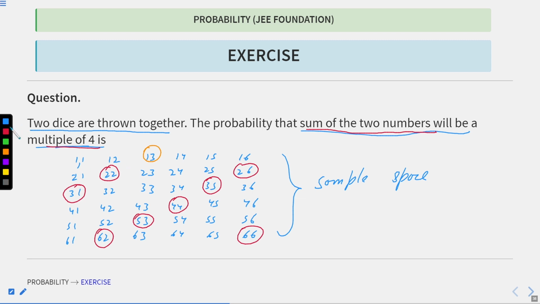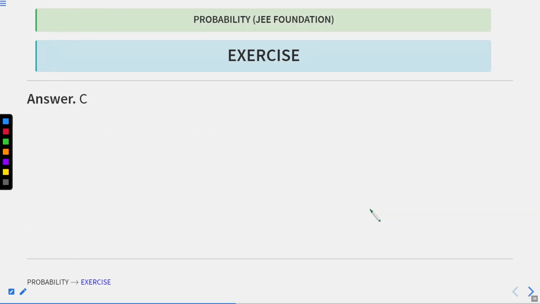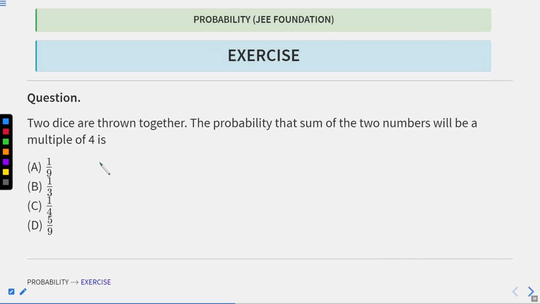So yes, these are the only favorable outcomes. So in total, 1 2 3 4 5 6 7 8 and 9 total favorable outcomes divided by 36. So 1 by 4 will be my answer for this. Okay, so let's see. Yes, indeed, 1 by 4, option C, is my correct answer.